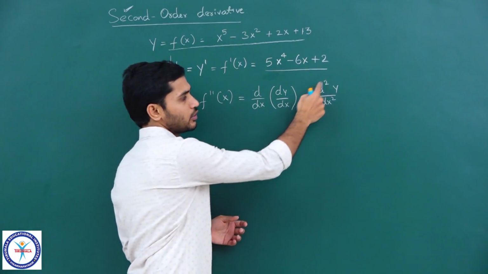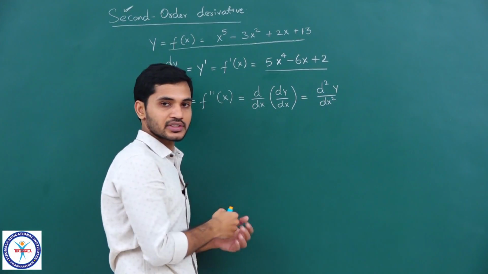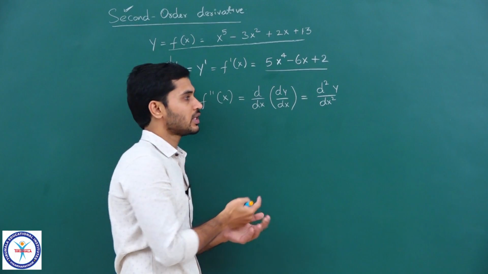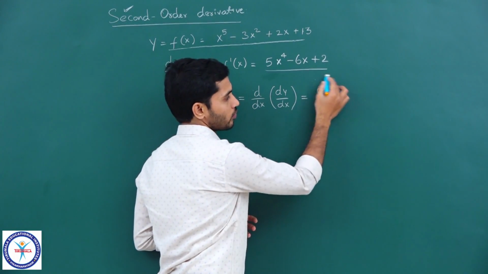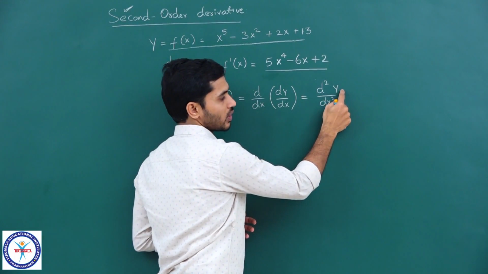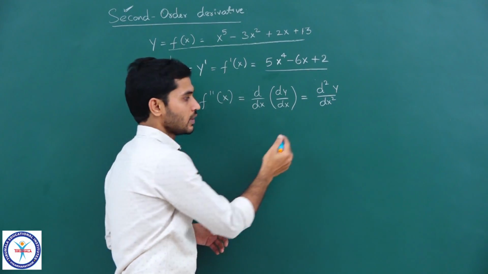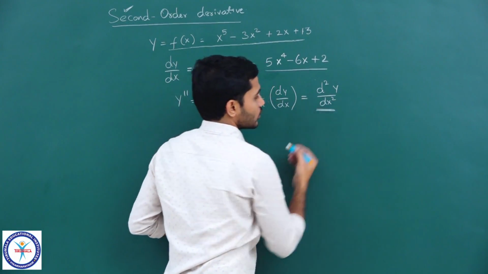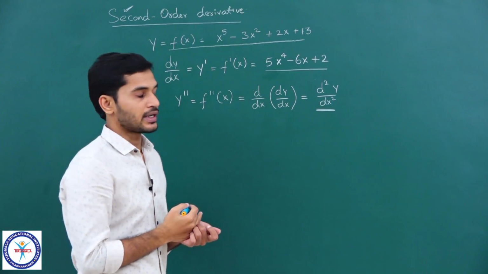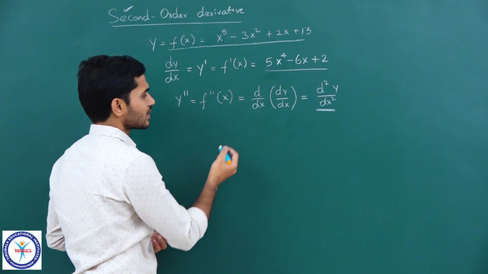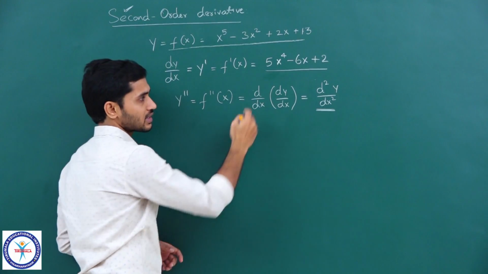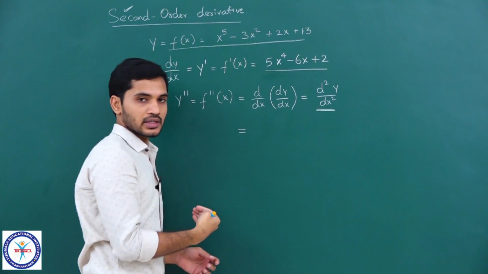You can call it either way, but it should be written in this form, d power 2 y by dx power 2. Is that clear everyone? This is what we mean by second order derivative, and you know how to calculate that. The idea is just differentiating this again.